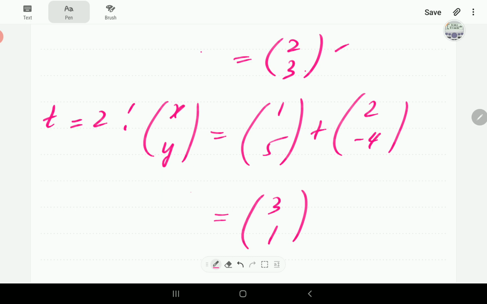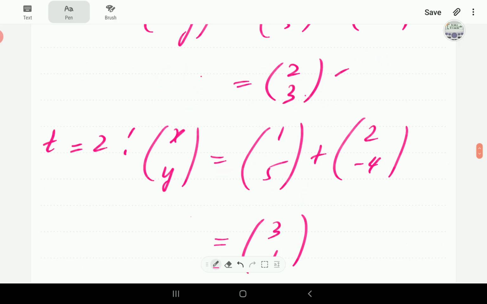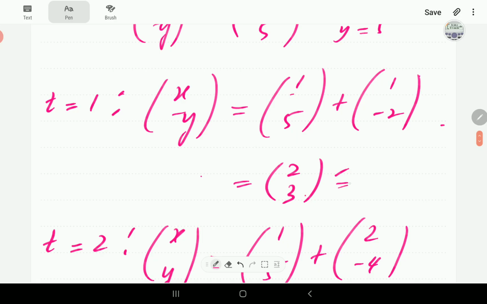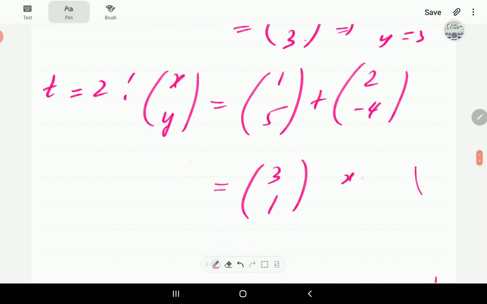And again, you'll find that that is on that line, because what this one is implying is that x is 1, y is 5. This one is implying that x is 2, y is 3. This one is implying that x is 3, y is 1.